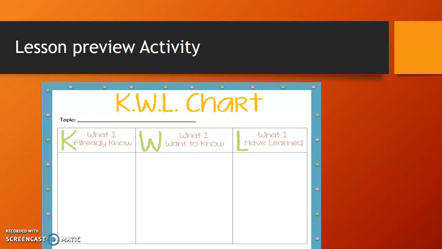General points in the past have been that a lot of people died, that it was very bloody, that it was between the British and the colonists. I'll also ask what they want to know. This generally involves questions like how many people died, what really happened, what caused it, and then at the end of the lesson, we will fill in what they have learned.